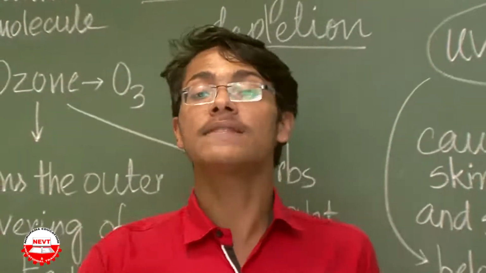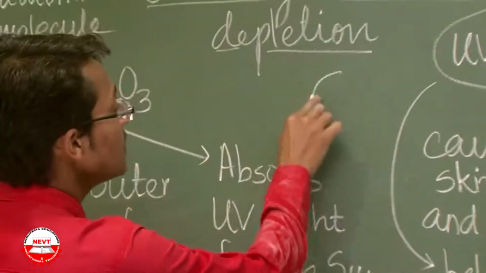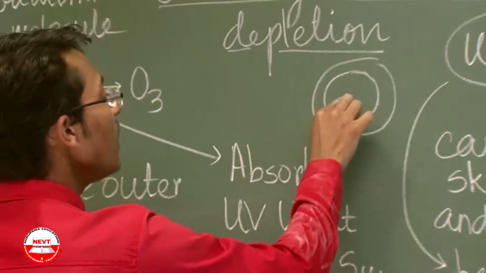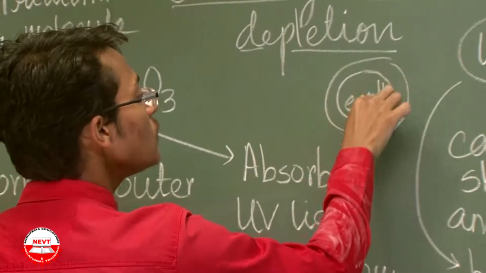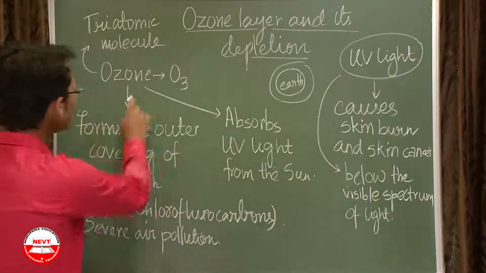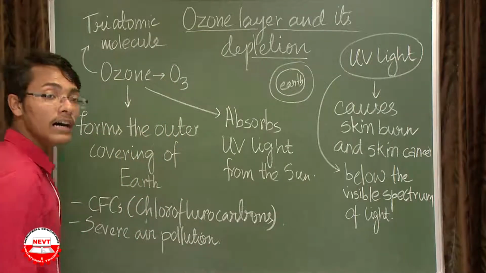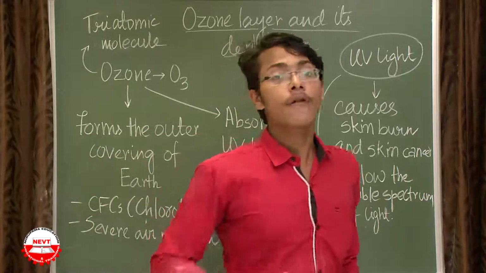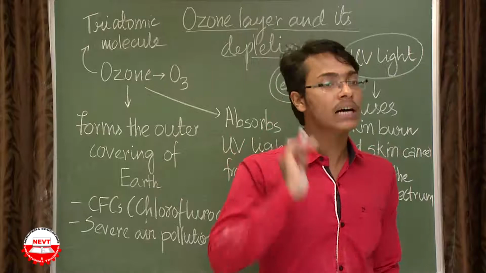But it is present covering the Earth. So the ozone layer in the upper reaches of the atmosphere forms the outer covering of the Earth.